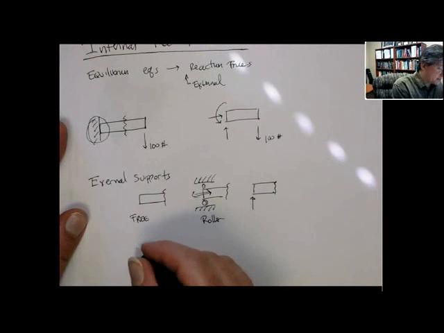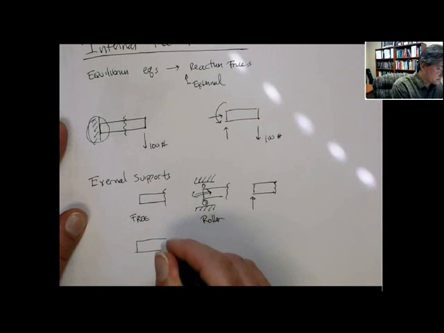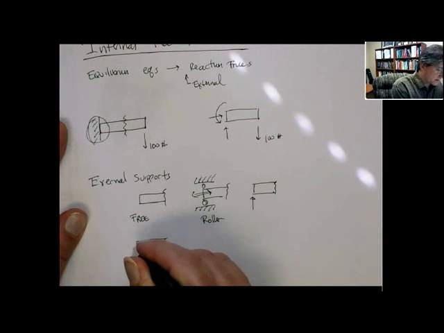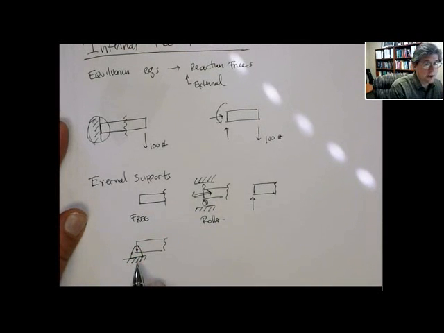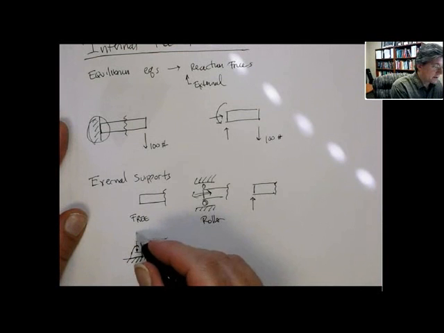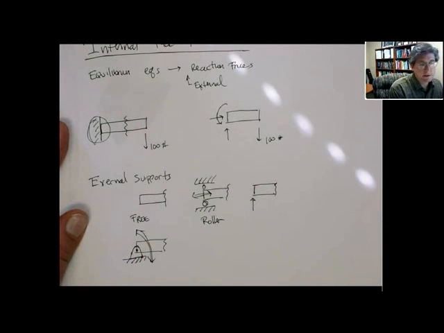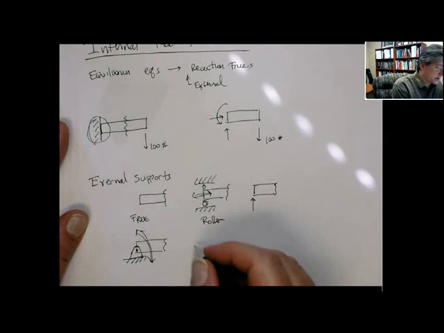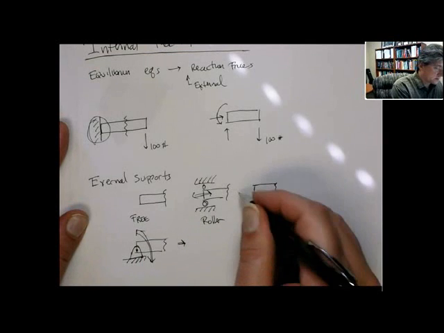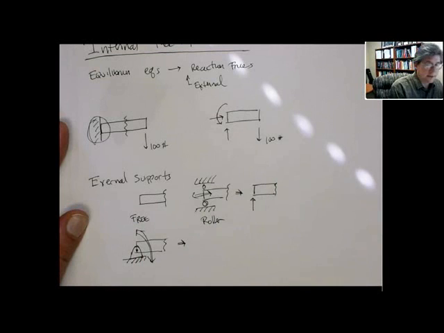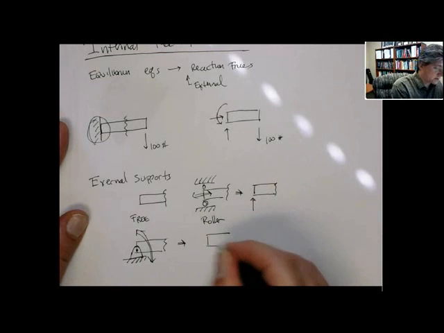Next, we can have an end that's pinned. Something like this. So this is fixed both in x and y, but it's free to rotate. So in this situation, this gives us the following types of reaction forces. So this is pinned.